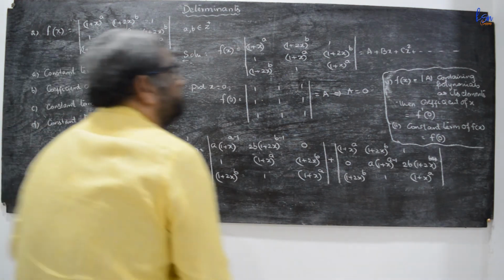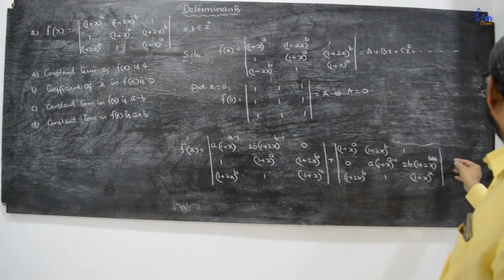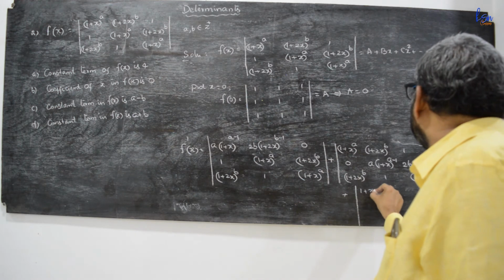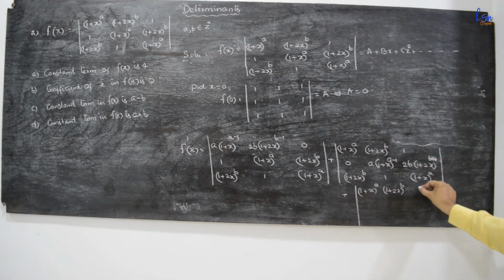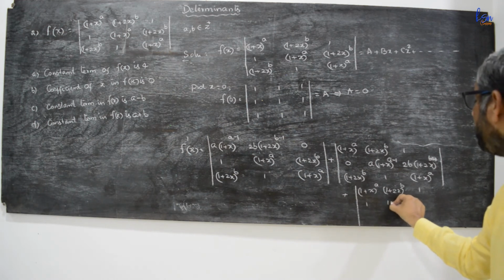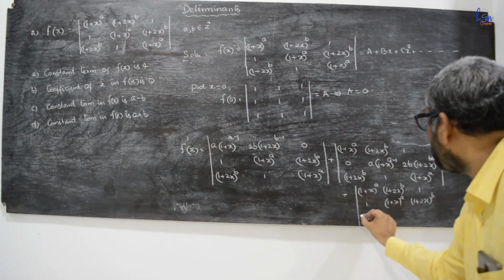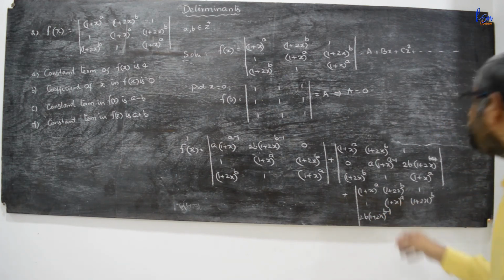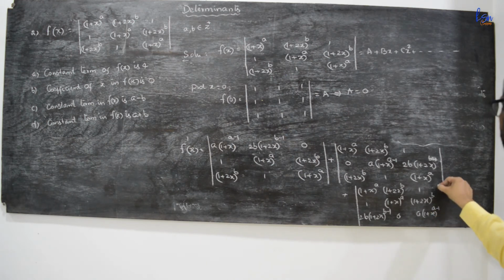Plus, I'll write the third determinant here: the first two rows as they are, and the third row: 2b into (1 plus 2x) whole power b minus 1, 0, a into (1 plus x) whole power a minus 1.